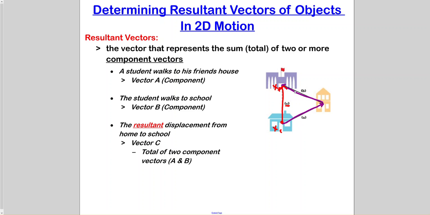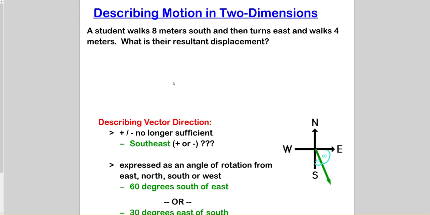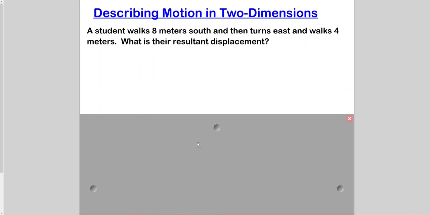Okay, so components, resultants, let's get into this. Here is our scenario. We have a student that walks 8 meters south. So we'll draw that. Again, I'm just going to represent what it is. Here is their first vector, 8 meters to the south. And then they turn east and walk 4 meters.